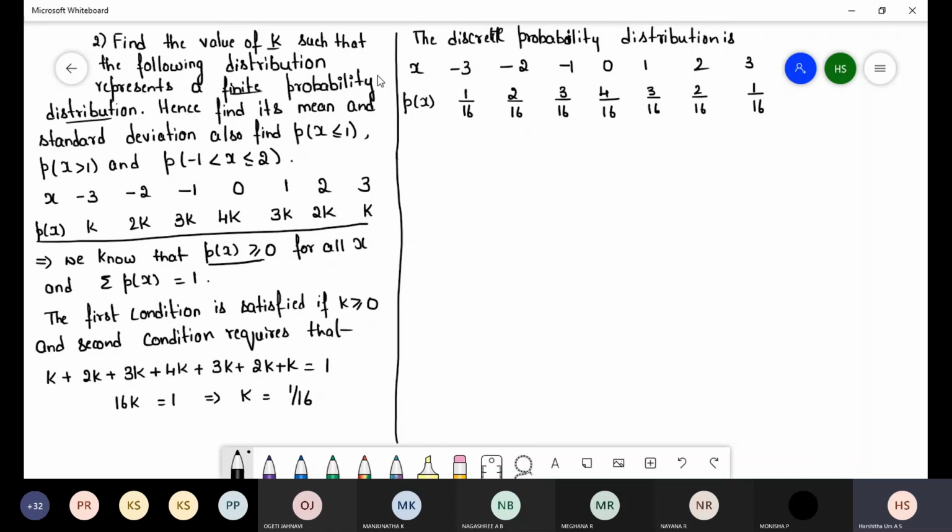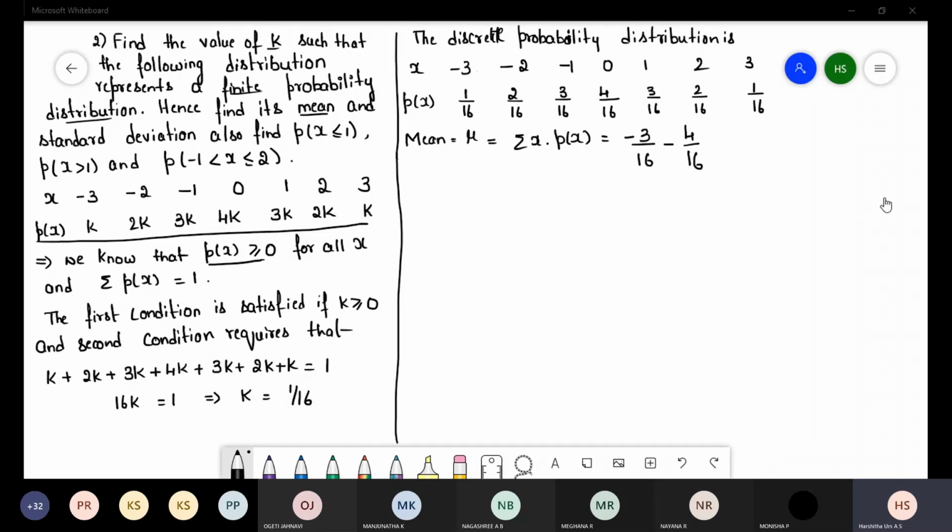Now we will move to the mean. What is our mean value? Mean can be written as mu, the summation of x into P(x). So x into P(x) means the first term in both x and P(x): −3 by 16. Next, −2 into 2, −4 by 16. Like that we do the multiplication.